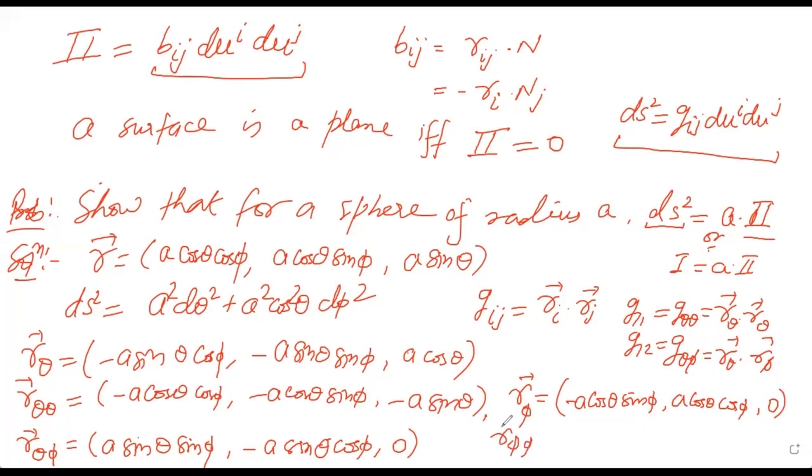And r phi phi you can find: how much is r phi with respect to phi? So minus a cos theta cos phi, minus a cos theta sin phi and 0. Okay, you got all these your r phi's.